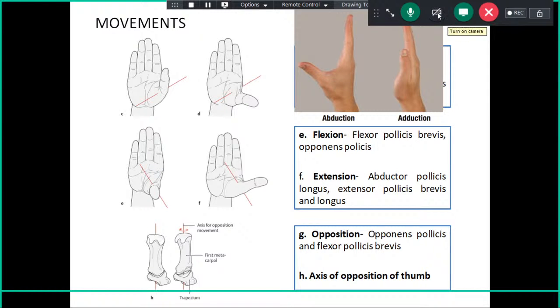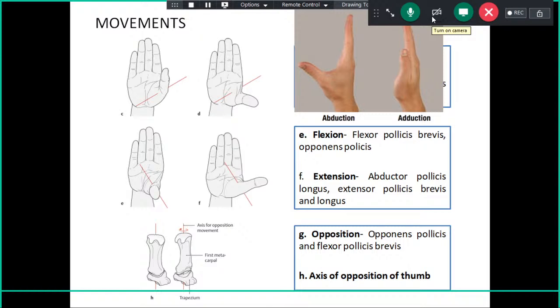There is one thing which I would like to say. Somebody is saying this is confusing. So always remember the axis around which a movement takes place is a perpendicular drop to the midpoint of the plane of movement.